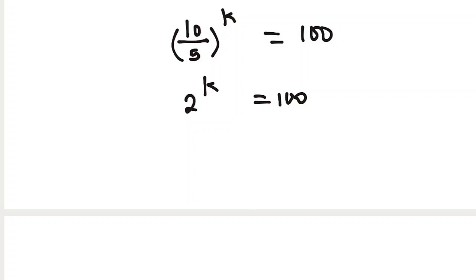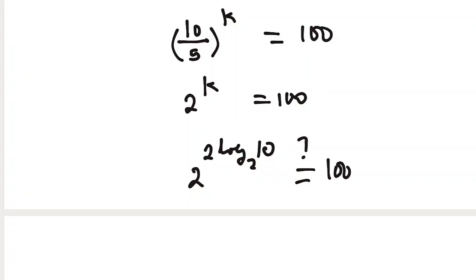So now, when k is 2 log 10 base 2, would this give us 100? We're going to have 2 to the power of log base 2 of 10 to the power of 2. Would this give us 100?